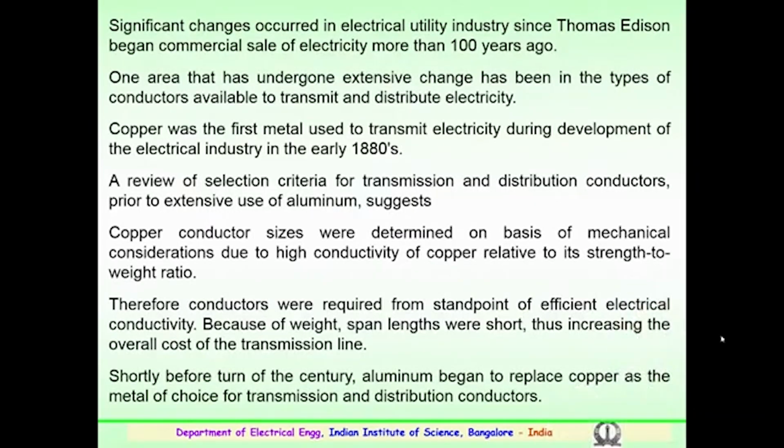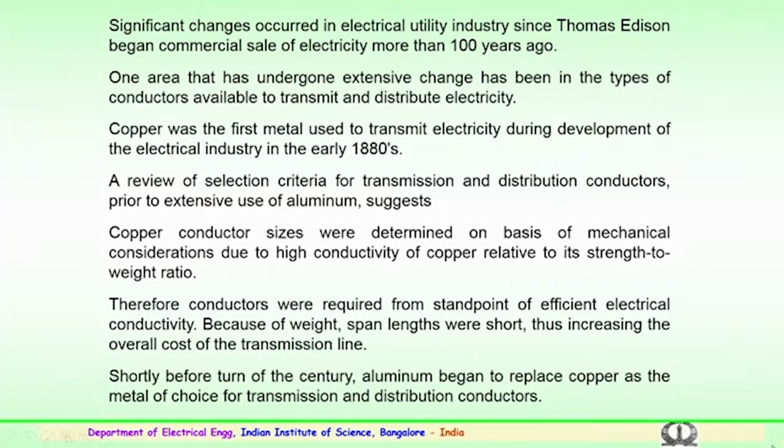So, we know that significant changes have occurred in the electrical utility industry since Thomas Alva Edison began the commercial sale of electricity more than 100 to 120 years ago.